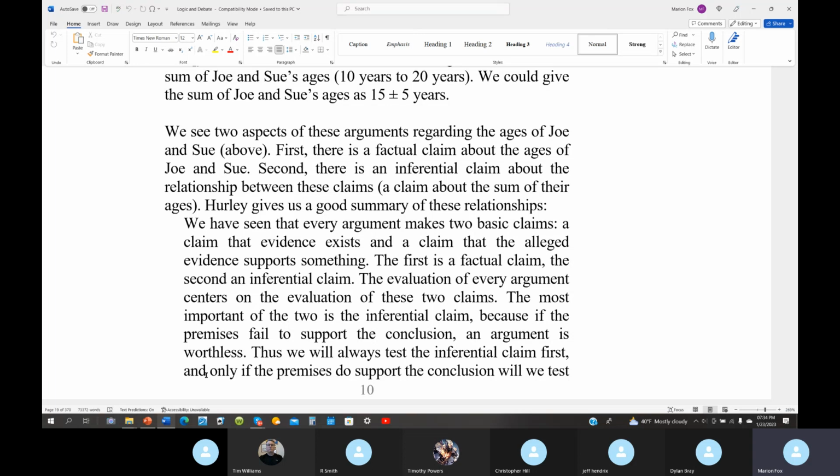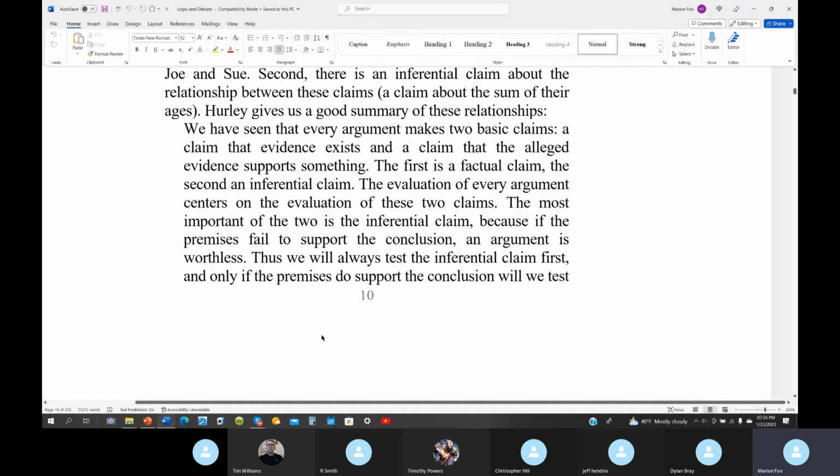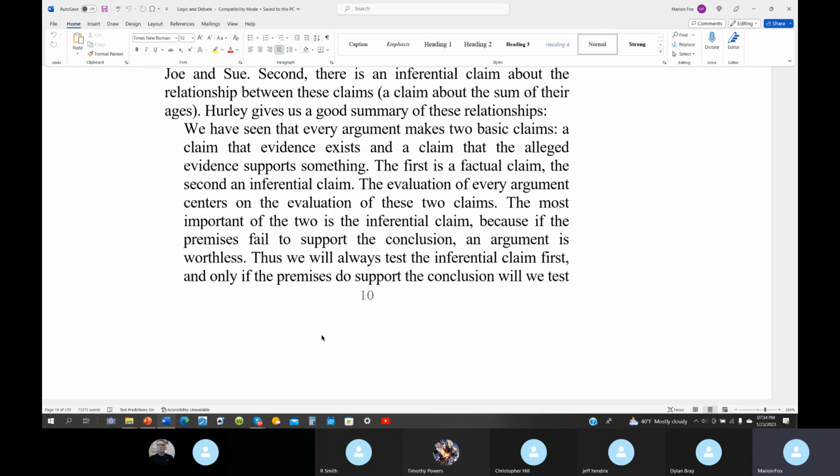Why? Hurley tells us the most important of these two is the inferential claim, because if the premises fail to support the conclusion, an argument is worthless. It doesn't prove anything. So if we were subtracting when we ought to be adding, even if we got the right answer, that's just an accident. We didn't prove it by that process.